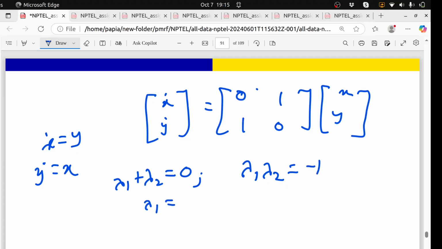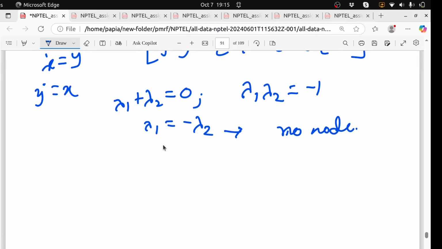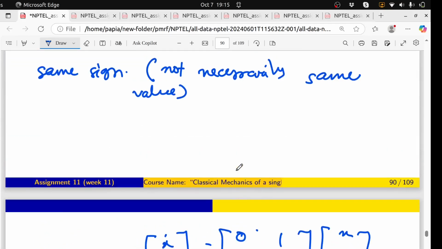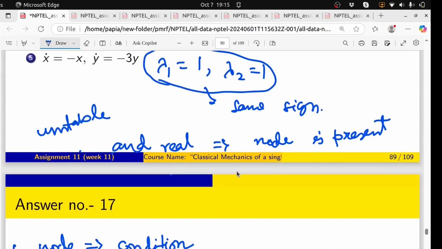Now we can see that lambda 1 equals minus lambda 2. As we have seen that lambda 1 and lambda 2 should have the same sign, so there is no node. We don't need to calculate all the things, as we have already seen that lambda 1 equals minus lambda 2, so obviously there will be no node. Okay, the second one does not have any node.